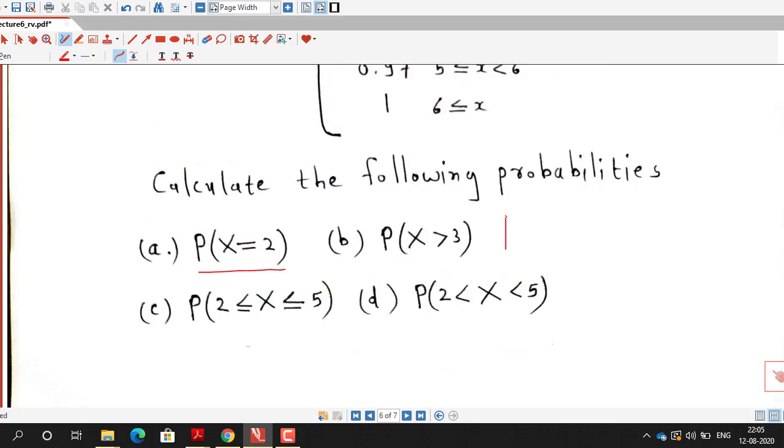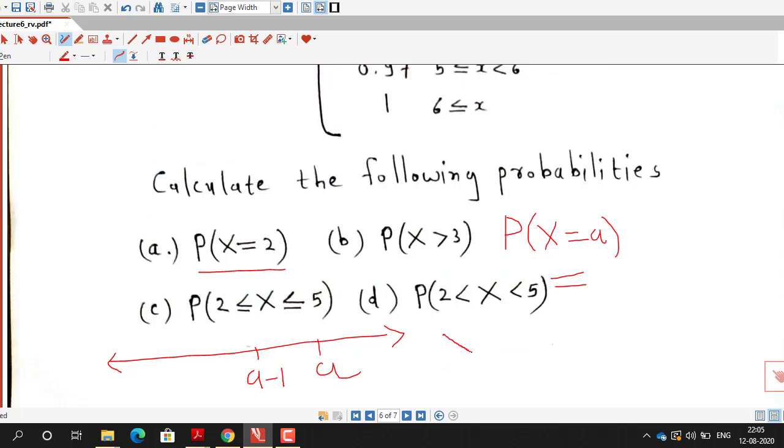If you recall that one property, if I want to find the probability of the event x equal to a, then recall the properties of the cumulative distribution function which we discussed in the earlier lecture. Suppose this is small a, which is an integer, then a minus 1 is also an integer.